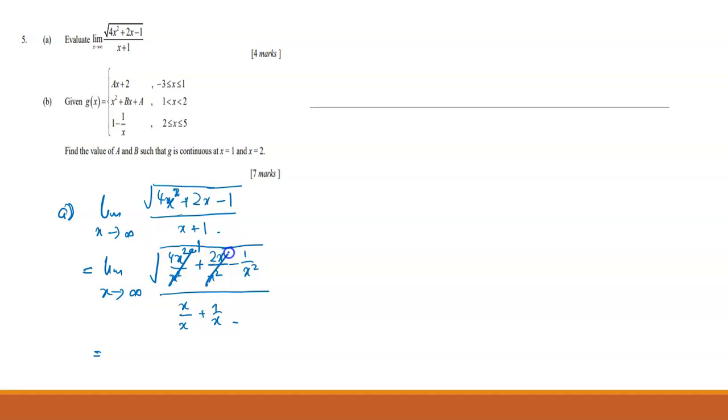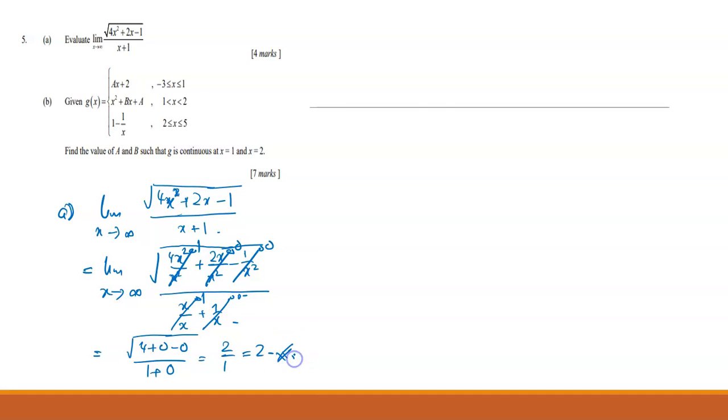And this one here, 0, 0, 1, 0. So now it is the square root of 4 plus 0 minus 0, divided by 1 plus 0, equal to the square root of 4, equal to 2 divided by 1, then it is equal to 2.